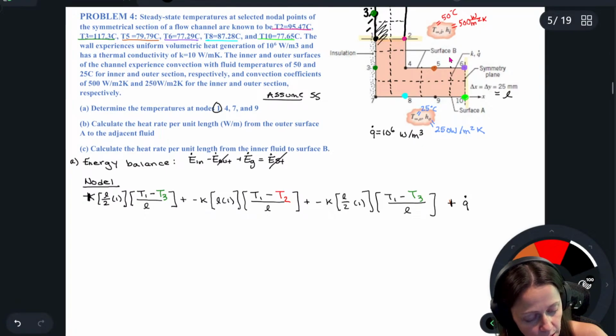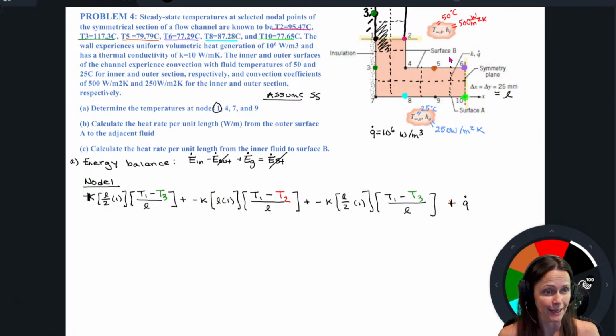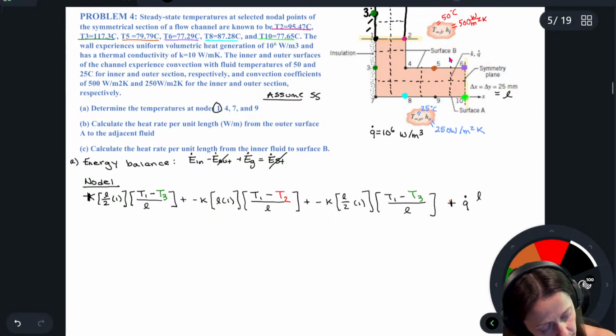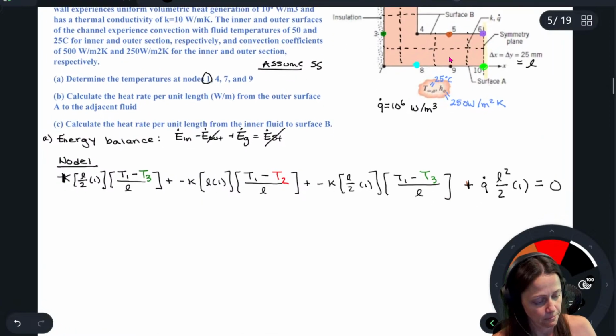But this guy right here is just a half element, so the volume is going to be L squared divided by 2, and of course there's a 1 in the z direction as well. And then all of that is equal to 0.